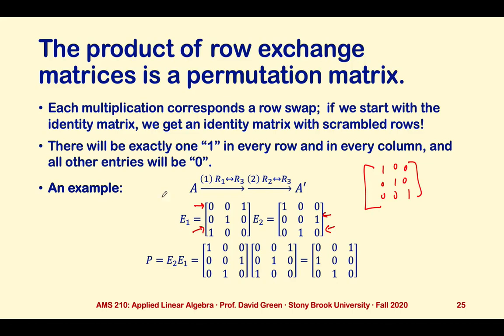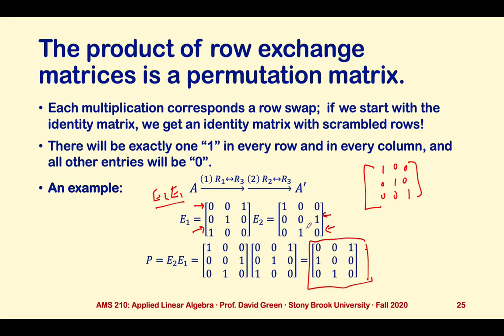When we combine these, we first apply the first one, then the second. So our order is E1 on the right, E2 on the left. Multiplying these through, we end up with a matrix that looks like this. Again, it has one 1 in every column, one 1 in every row, zeros everywhere else.